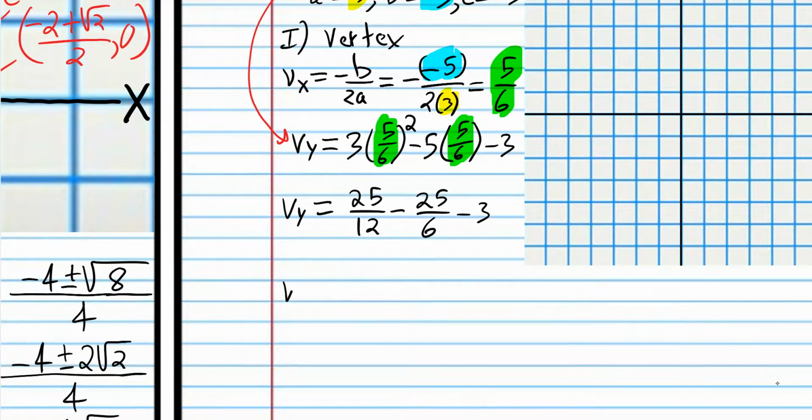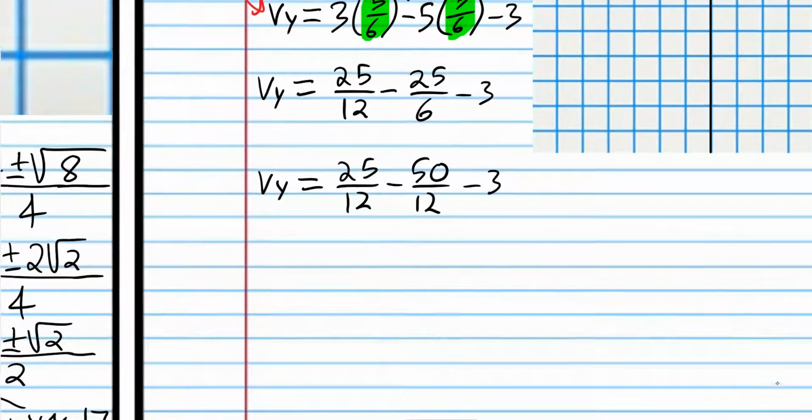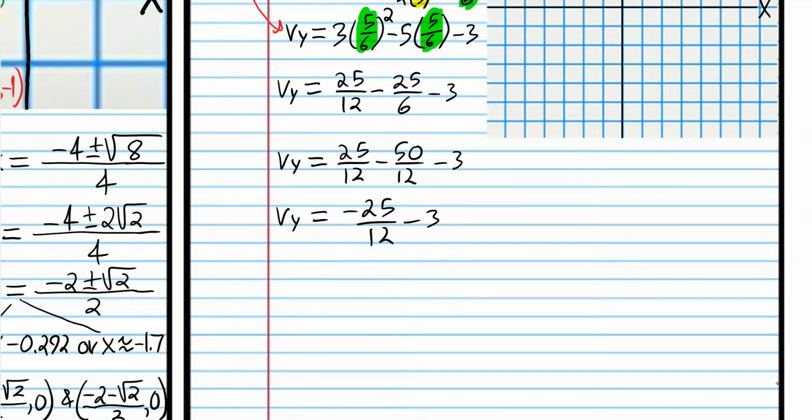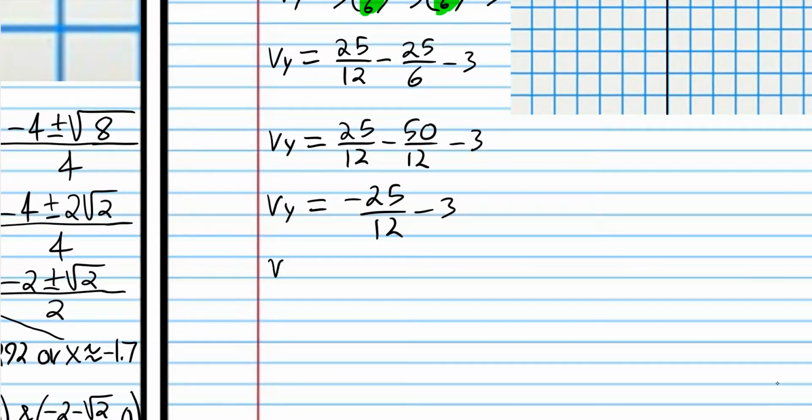We need to get a common denominator. Multiply the top and bottom of this fraction by 2, and we get 50 over 12. Then combine. 25 minus 50 is negative 25. And 12 goes in 2 times, so we're going to have negative 2, with a remainder of 1.